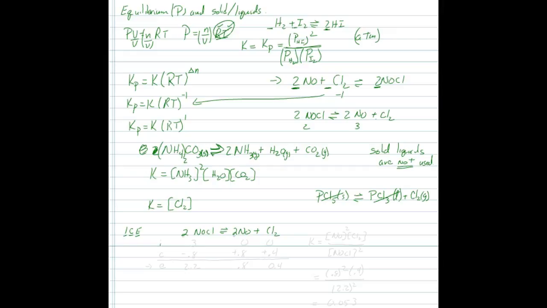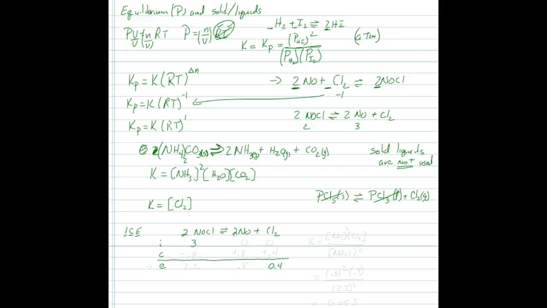Initially, you have 3 molar NOCl. The amount of change we're going to save for a little bit later. And in the end, we find out that the equilibrium concentration of chlorine is 0.4 molar.